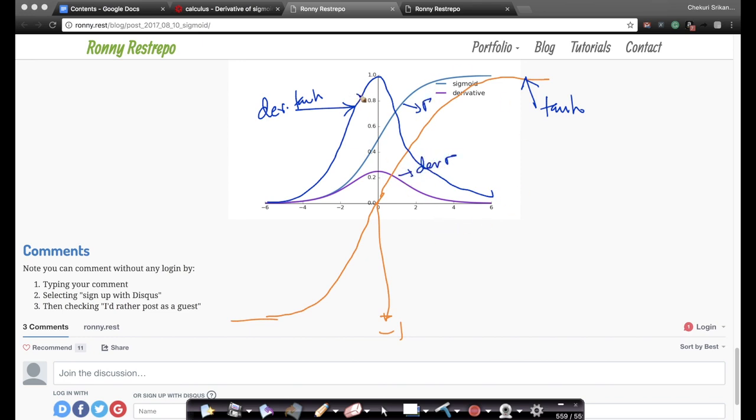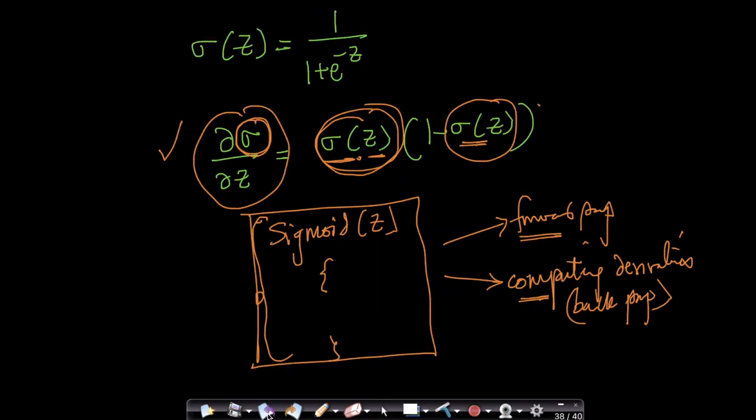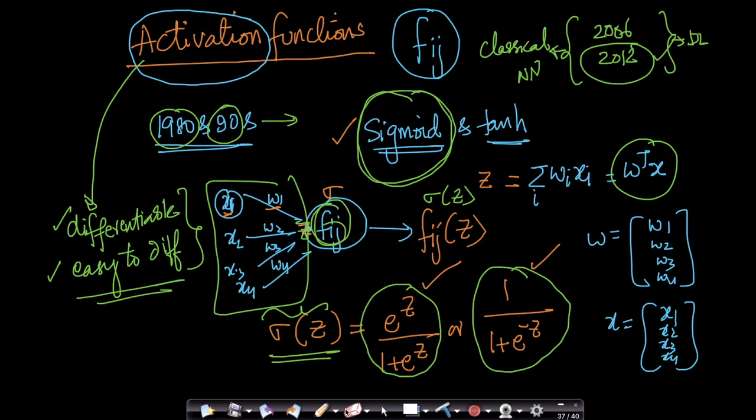If you look at this shape and this shape, they're very similar, except that this has a bigger bump. But the maximum value occurs at 0 itself, when x equals 0. The sigmoid looks like an S curve, and the tanh also looks like an S curve. So tanh is very, very related to sigmoid, even if you look at the formula. Classically or traditionally, tanh and sigmoid were the two most used activation functions because they're differentiable.